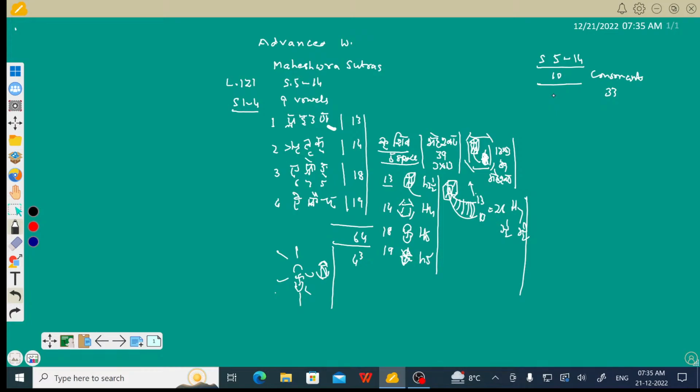So 9 vowels and 33 consonants. It is 3 multiplied by 3 and it is 3 multiplied by 11. This feature 9 and 33 together make it 42 and it is equal to H11.